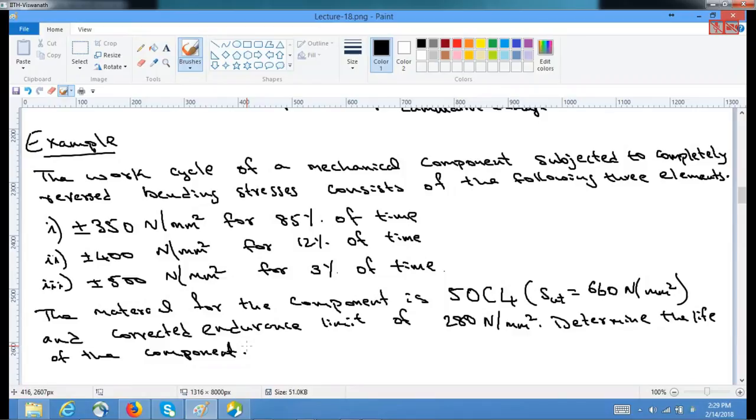So this is our problem. So sigma 1 level is 350, operated at alpha 1, which is 85% of the time, and 400 Newton per mm square, which is sigma 2 operated at alpha 2, which is 12%, and sigma 3, which is 500, operated at 3% of the time.